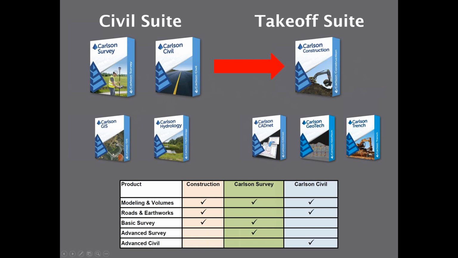Carlson CADNet lets you do the digitizing, or if you have images that have been created from a CAD file, sometimes you can just extract the CAD file back out of that PDF or that image. So if you're looking at doing model building or takeoffs, at a minimum, you're going to need construction and CADNet, or survey, civil, and CADNet.